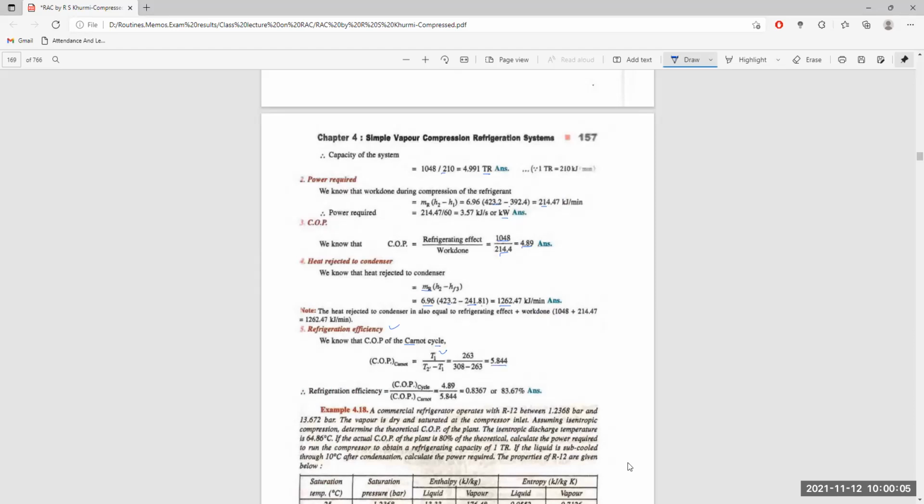That is the optimum COP of the system. So the efficiency is calculated as 4.89 divided by the optimum COP 5.83, which is equal to 0.8367 or 83.67%. That is the efficiency this system has.